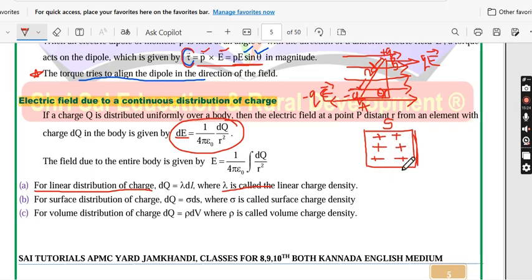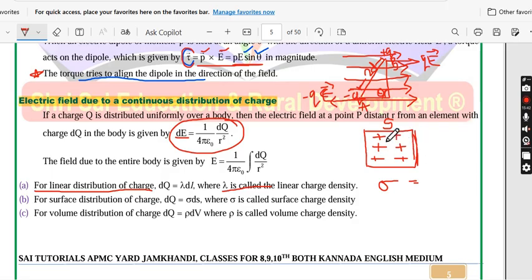I have told you the charge Q is uniformly distributed. So let us consider sigma, the surface charge density, which is equal to charge by area of that surface.